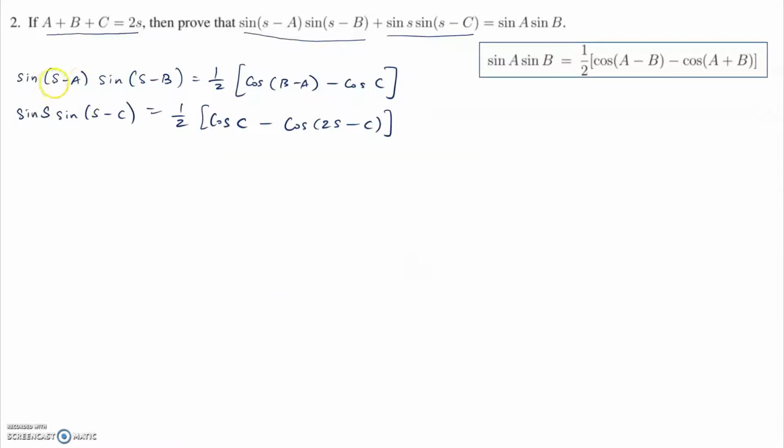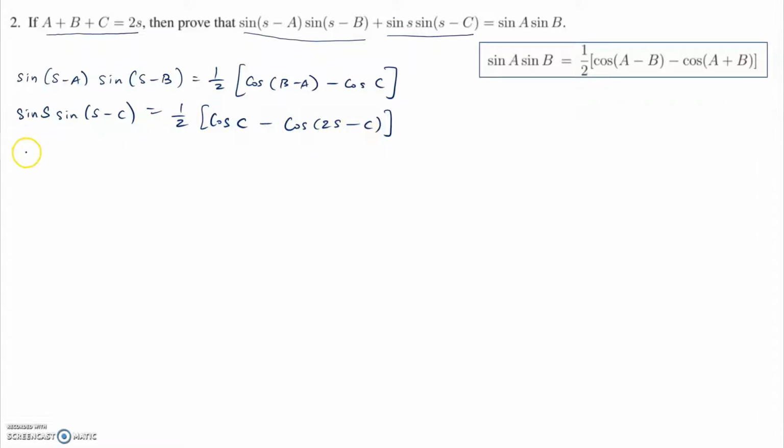So, now we have sin(s minus a) sin(s minus b) equals half of cos(b minus a) minus cos c, and you have sin s into sin(s minus c) is equal to half of cos c minus cos(2s minus c).